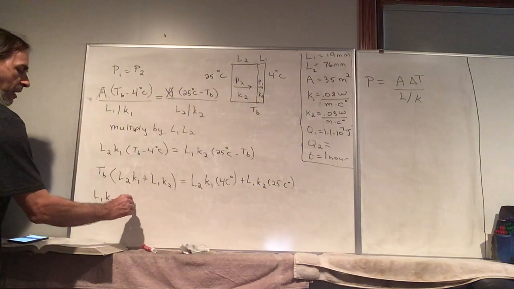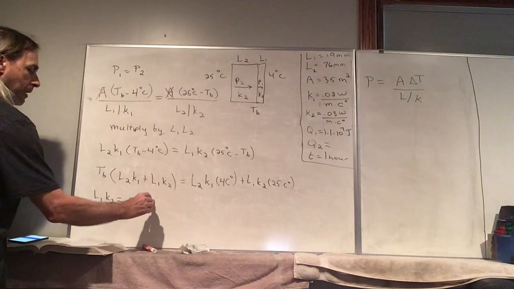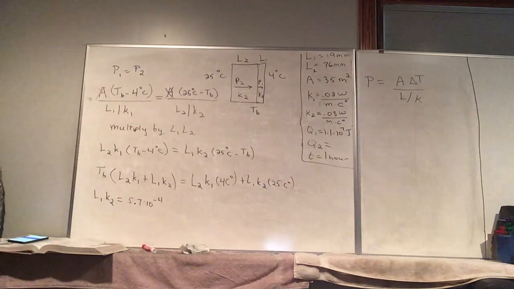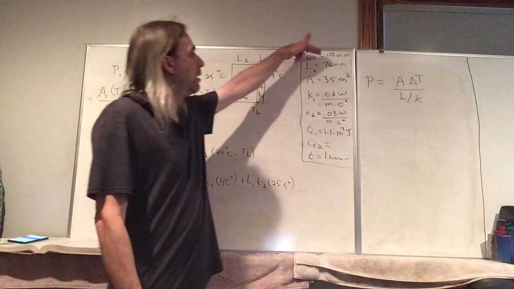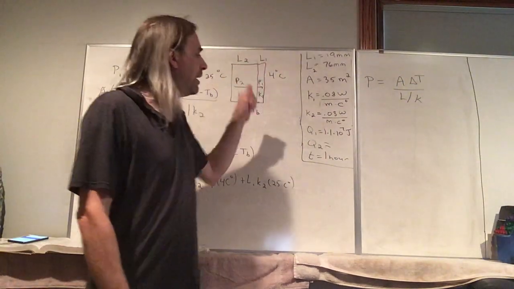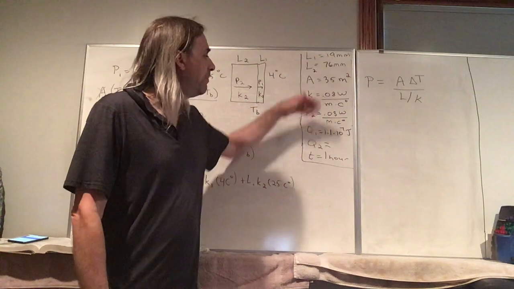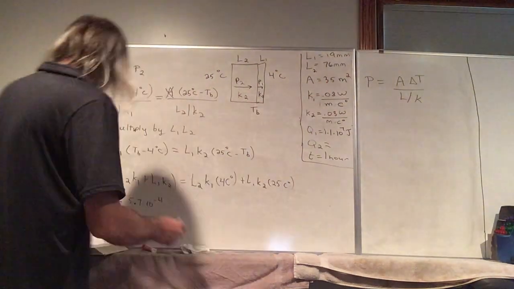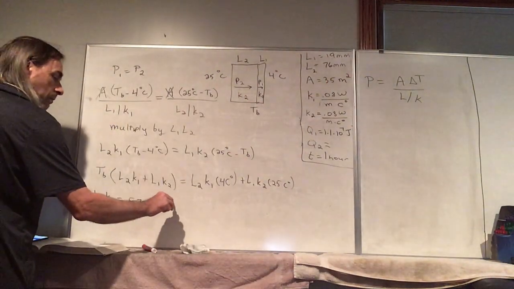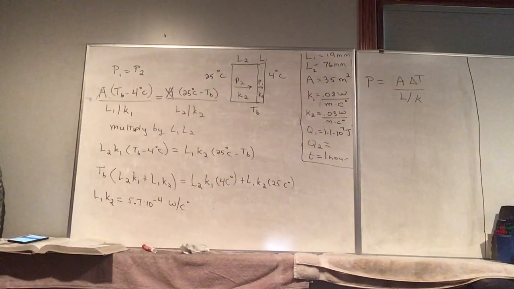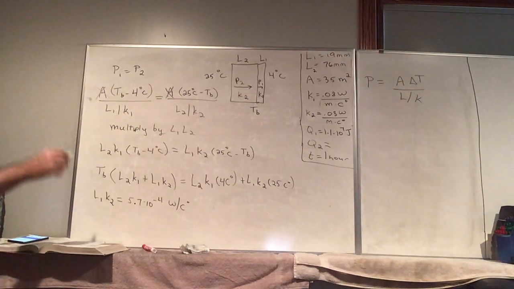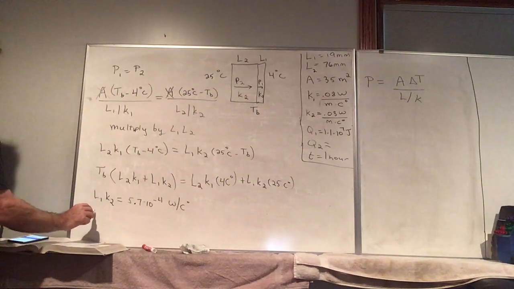So I believe that we have 5.7 times 10 to the minus 4. And the units, we have L1K2, 0.019 meters times 0.03. So the meters cancel. So we have watts per Celsius degree. Okay, so that's L1K2.